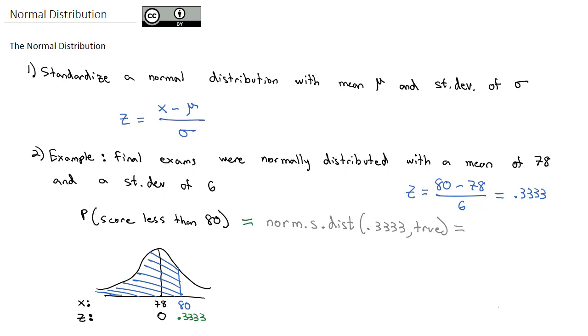When we do that, we'll end up with an area of 0.6305. So scores less than 80 occurred about 0.6305, or 63% of the time.